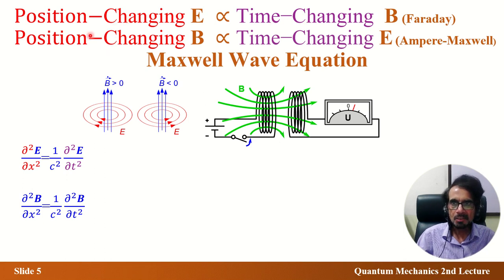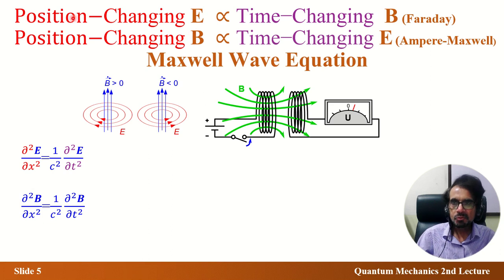And Ampere's law talks about the curl of B, the magnetic field position change, as proportional to something that some students do not know, and that is what I said is an optional topic, that is proportional to current, and that's called displacement current, the time changing electric field.